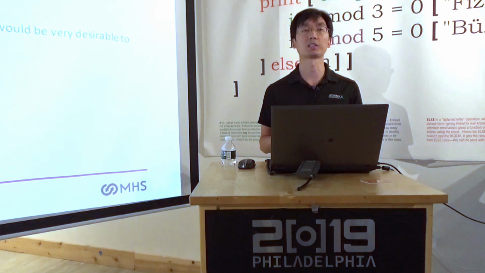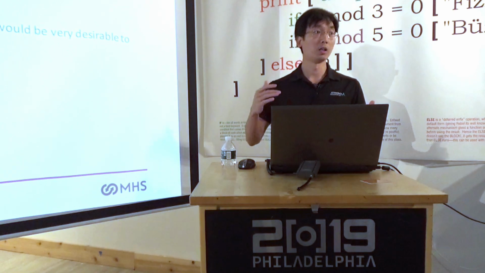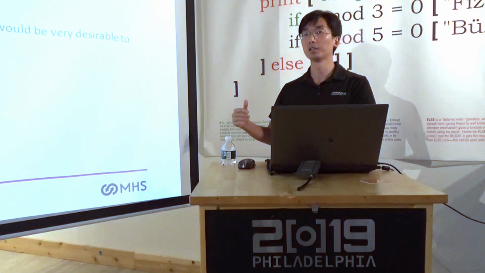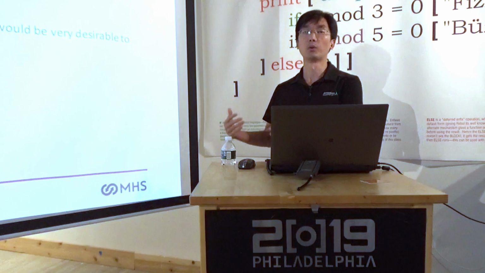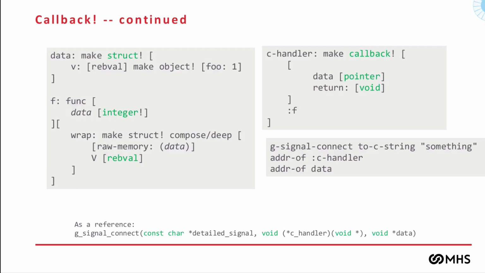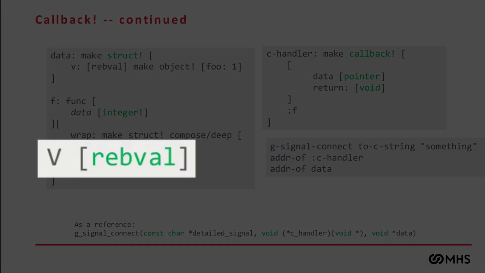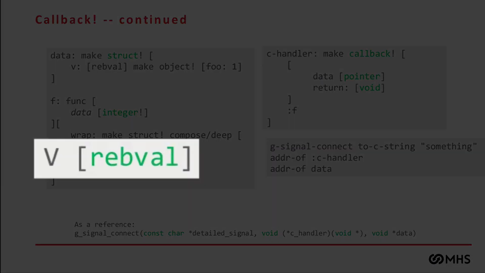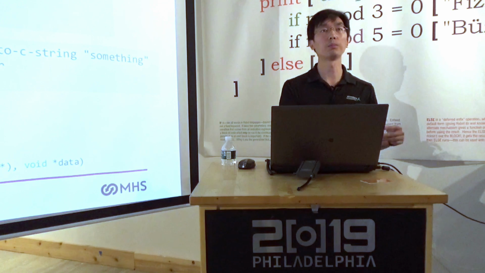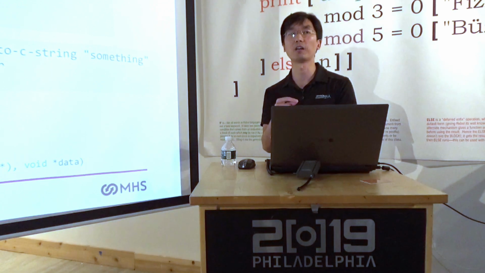That means we cannot pass any Rebol values from the call side to the callback function, which is a Rebol function. So I came up with this idea to wrap a Rebol value into a struct and pass that struct into the C function, which will in turn be passed to the callback function.